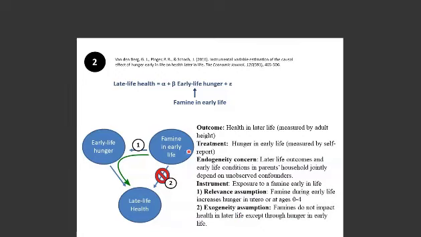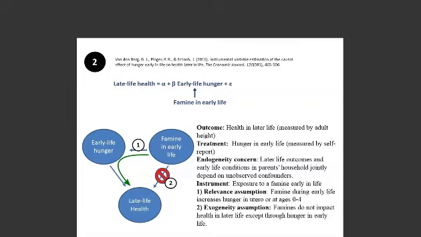So looking at our picture here, again, the relevance assumption that's being made here is that famine in early life does impact early life hunger, but famine in early life does not have any direct impact on late life health, except through this indirect channel of famine in early life impacting the endogenous regressor and then impacting late life health.